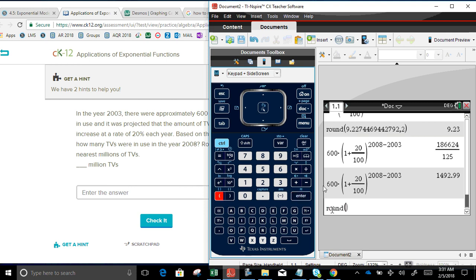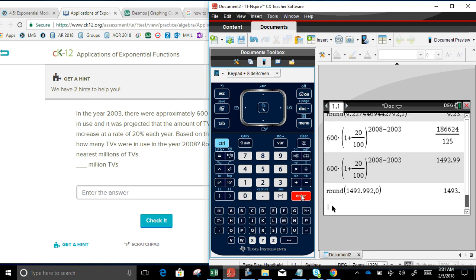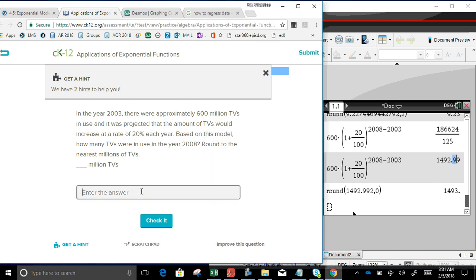Round this number to the nearest whole, 0 decimal places, so 1483, because this is a 9, greater than 5, so that makes that a 3. 1493.